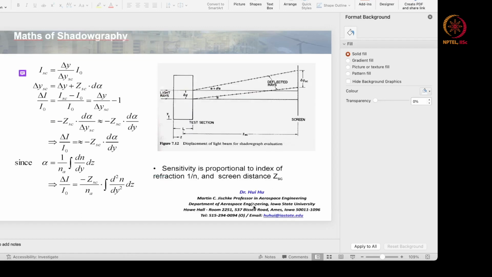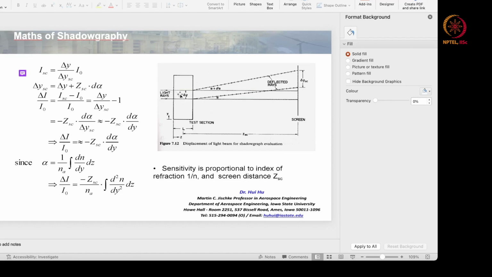Now, this was from Dr. Hu's work, Aerospace, Iowa State. This is from his presentation. It provides an idea of how the math ultimately works. So if I take you through it, there is this test section. The light is coming in like a parallel beam here, and the light pipe has a diameter of delta y.